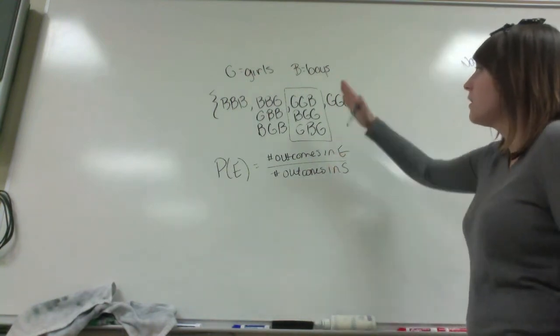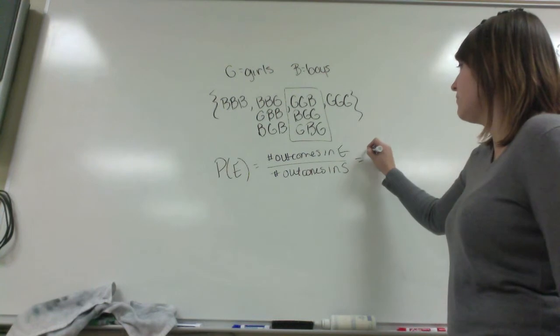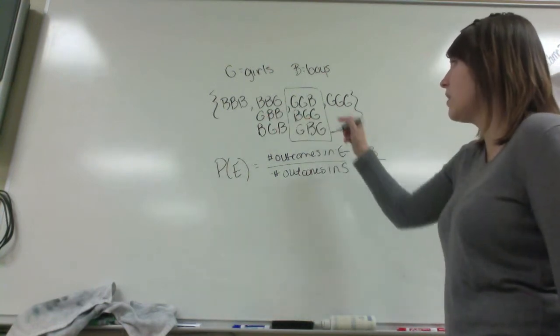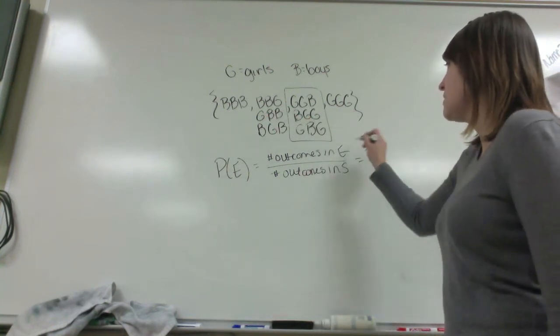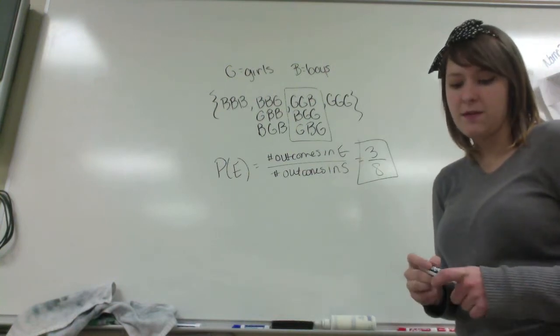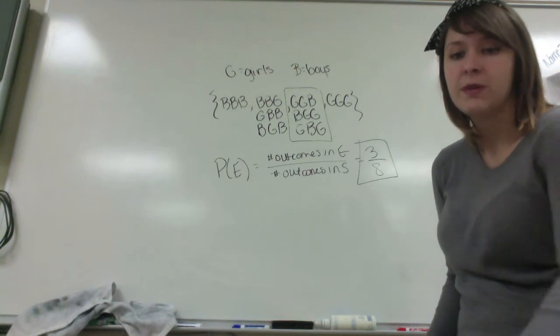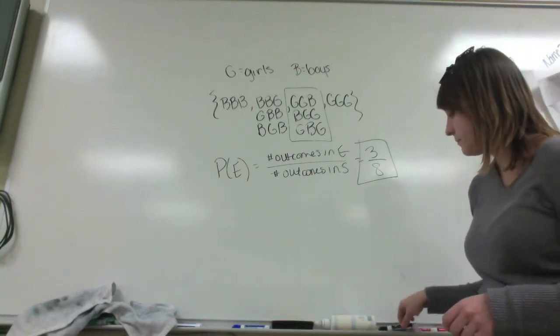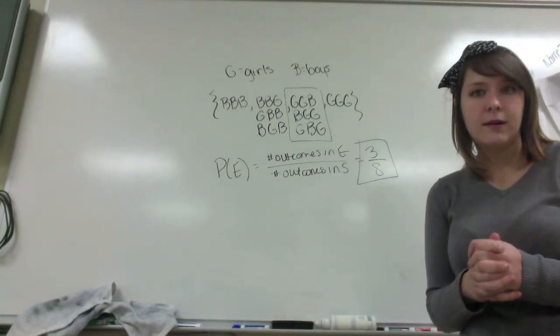So I have 3 outcomes in my event over a total of 8 possible outcomes. That means that the probability of me having 2 girls in my family of 3 children is going to be 3 out of 8. All right, that's everything.